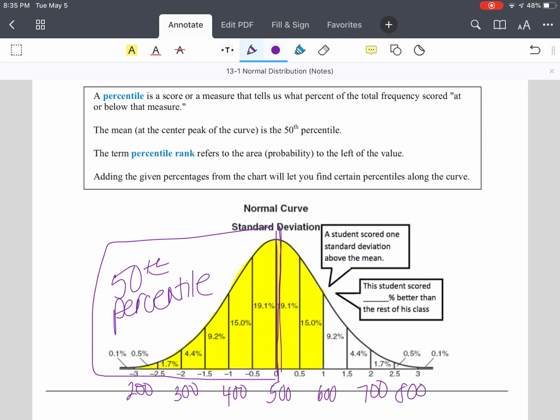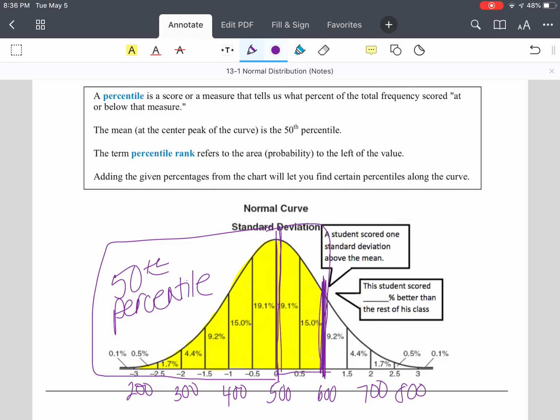So let's use the example that I have highlighted for you here. Let's say you scored 1 standard deviation above the mean. So in my example with the SATs, you got a 600. If you want to figure out your percentile, and you got a 600 on the math section of your SATs, add up all of the percentages all the way from the left, starting at 0.1, all the way up to this last one.